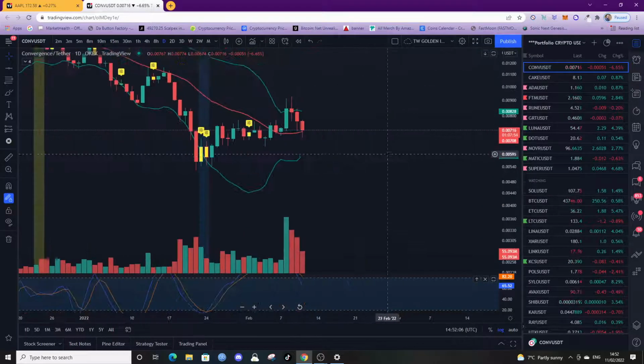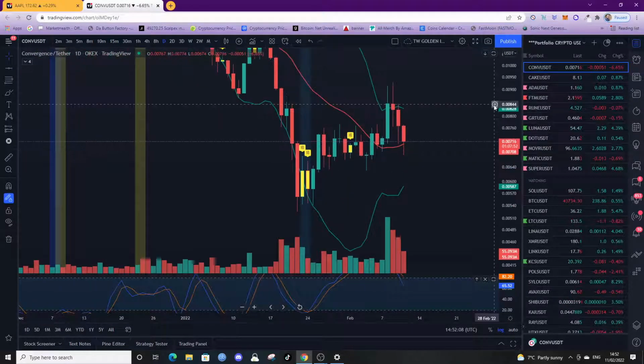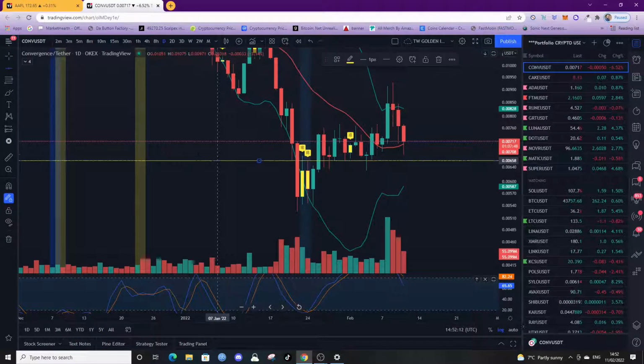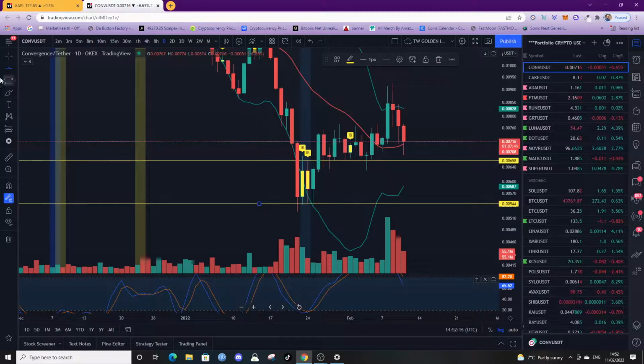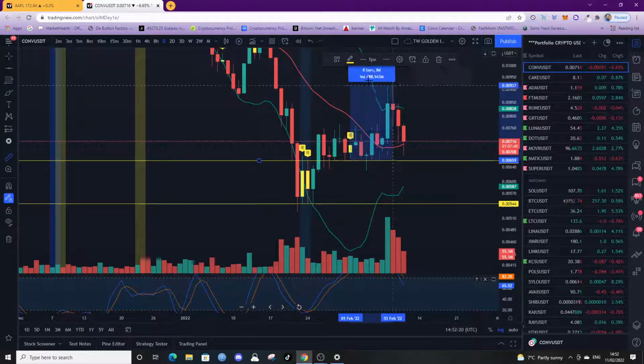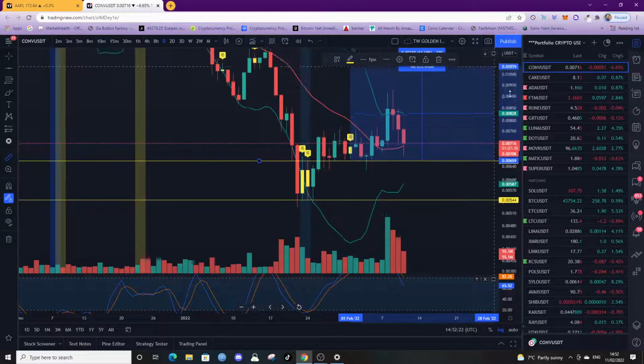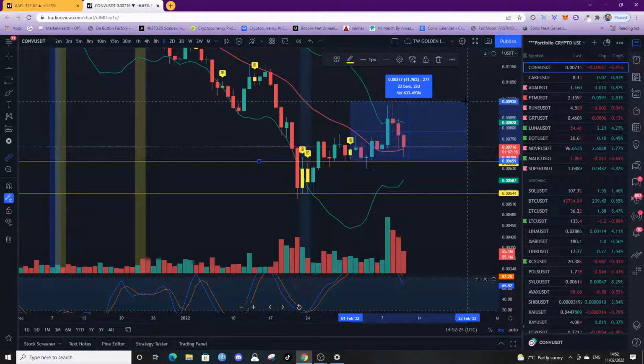You've got a double inside bar here. So on the double, it broke out at the high and put in a 40%.